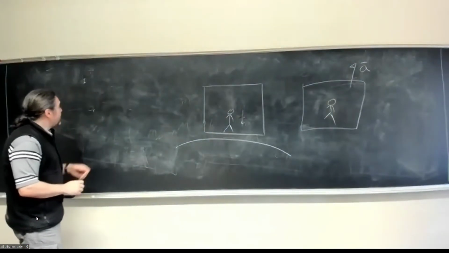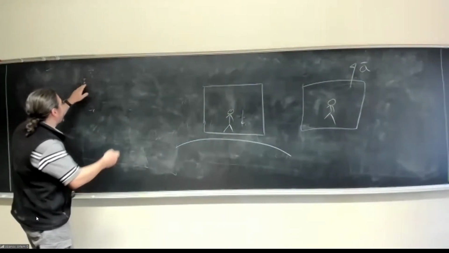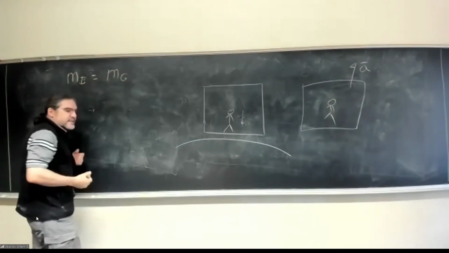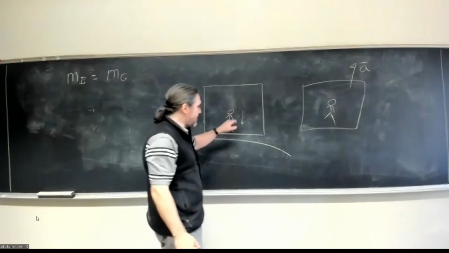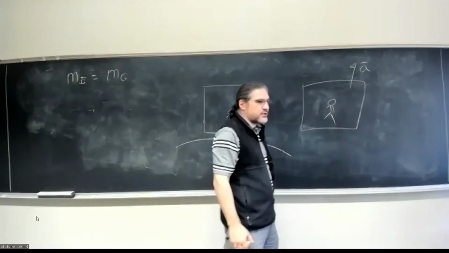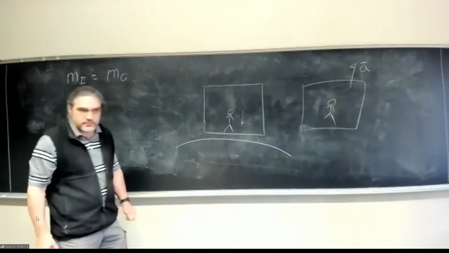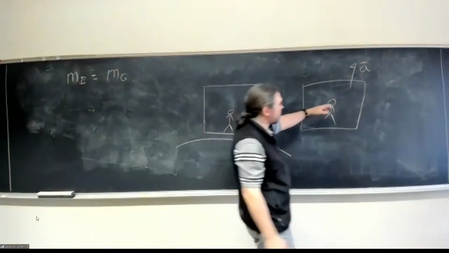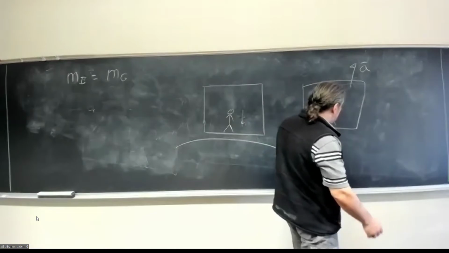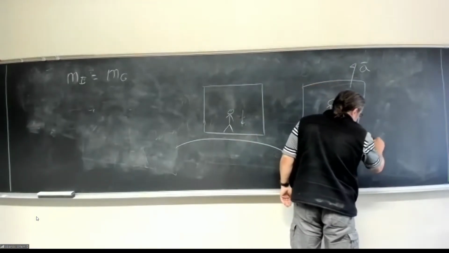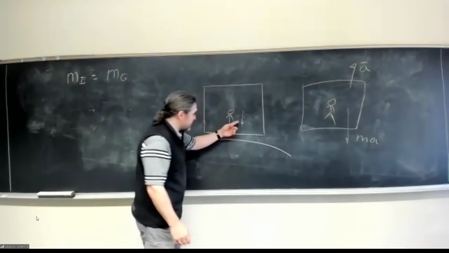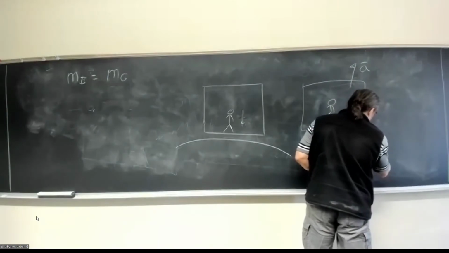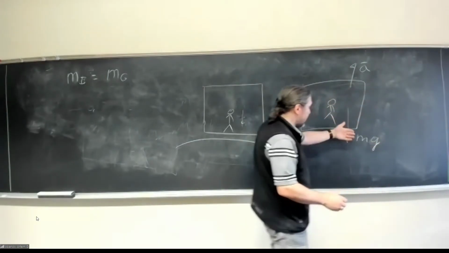And because inertial mass and gravitational mass are exactly the same, you will never be able to tell the difference between this situation and that situation. Because of the acceleration, the force which will push you down will be exactly ma. If you're accelerating with acceleration g, the acceleration of free fall, the force pushing you down is mg.